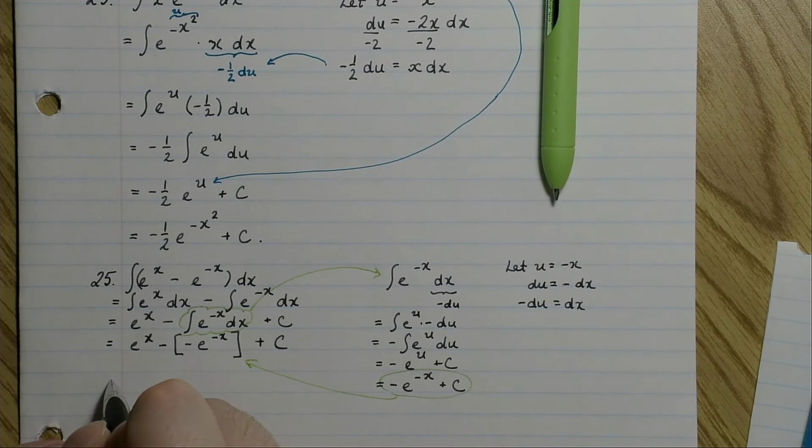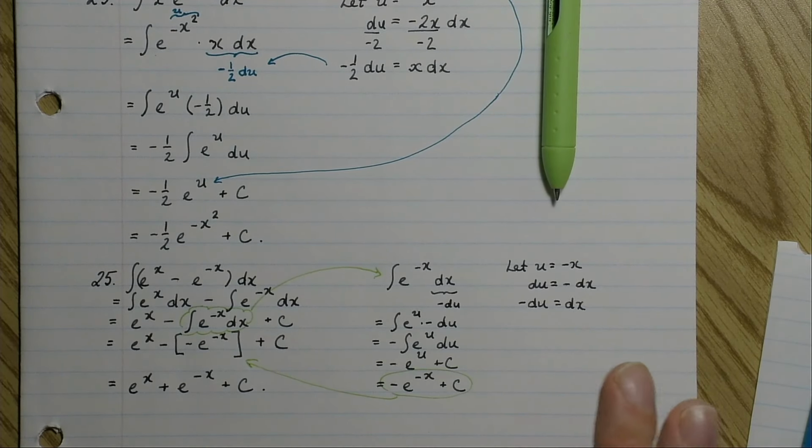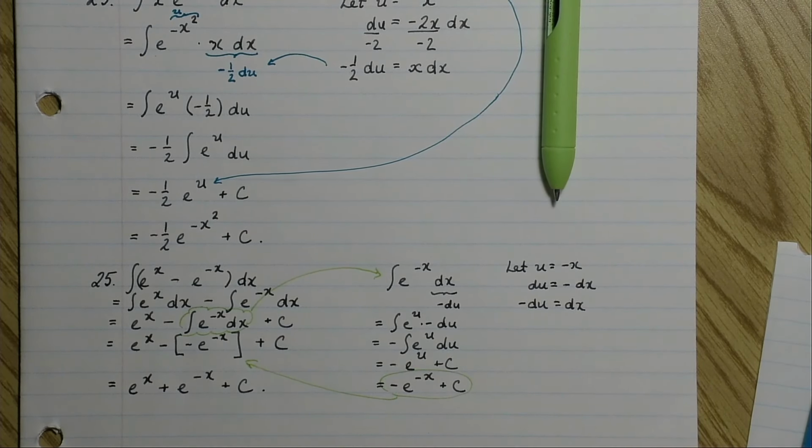So I have a minus and a minus, so that becomes positive e to the minus x plus a constant. And there's my final answer. Do I match in the back of the book? Yes, yes I do. Perfect.